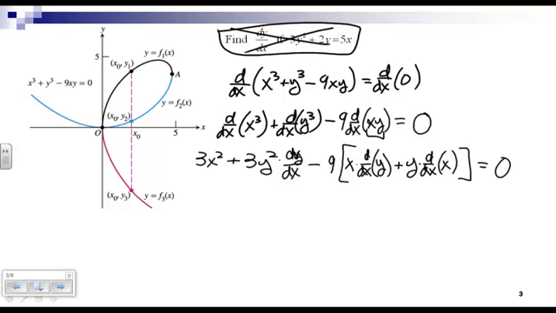Okay, let me transcribe. 3x squared plus 3y squared times dy/dx minus 9 times the quantity x times... Now I need to know, what is the derivative with respect to x of y? dy/dx.